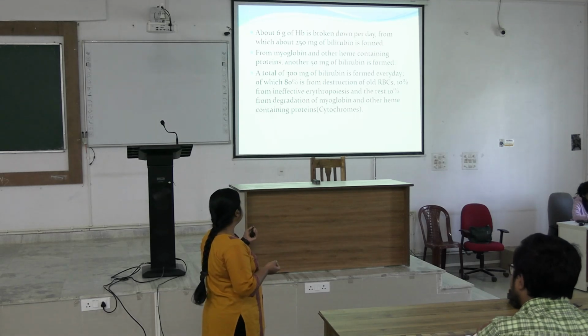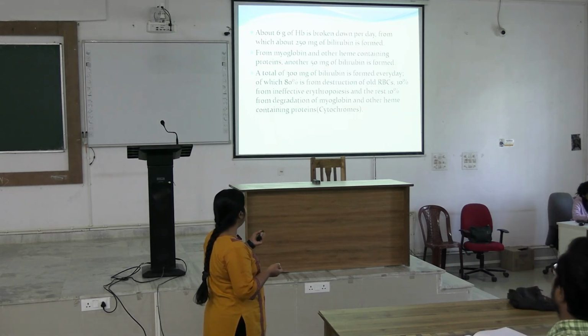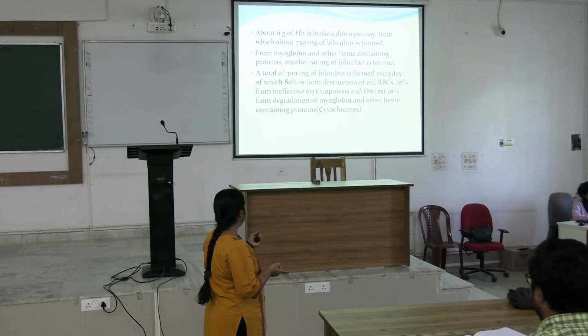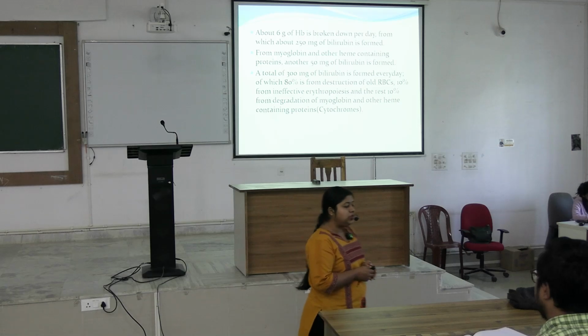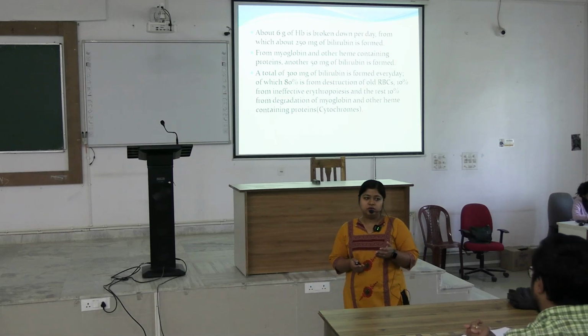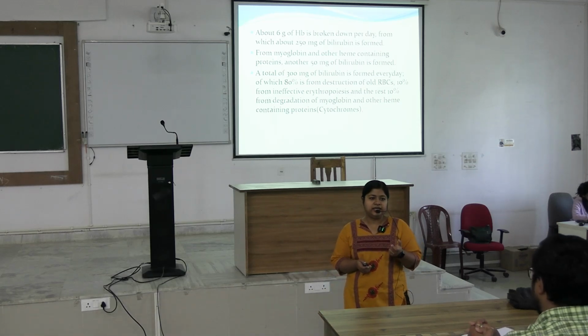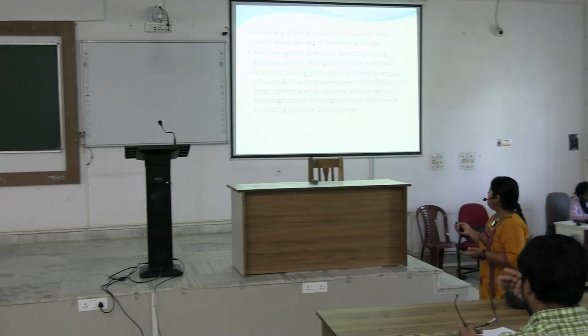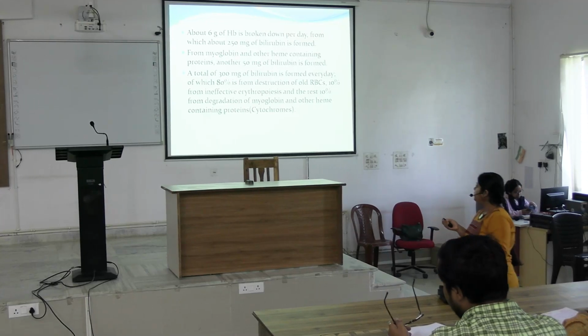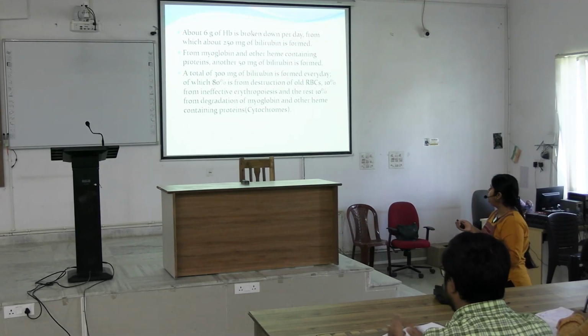Now, 6 gram of hemoglobin is broken down per day, releasing 250 milligram of bilirubin per day. Other sources of bilirubin, other than hemoglobin, are the heme containing proteins like myoglobin and cytochrome oxidase, as I told you. From these we get 50 milligram of bilirubin.